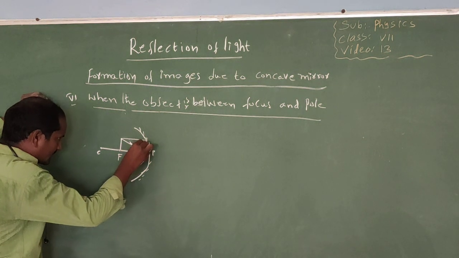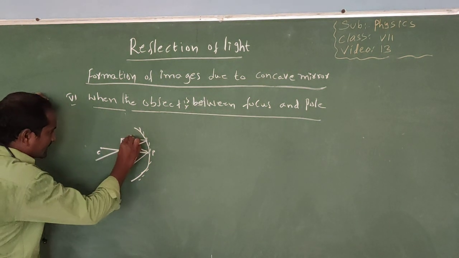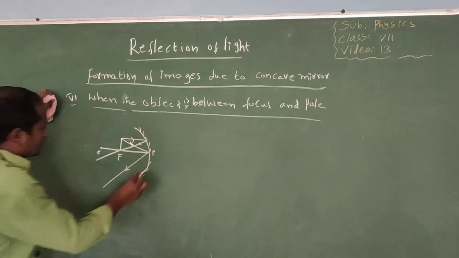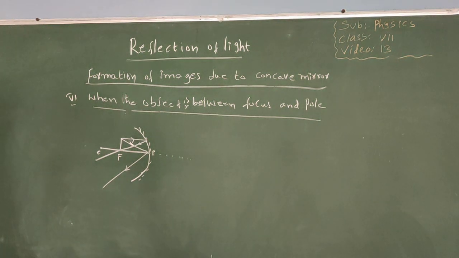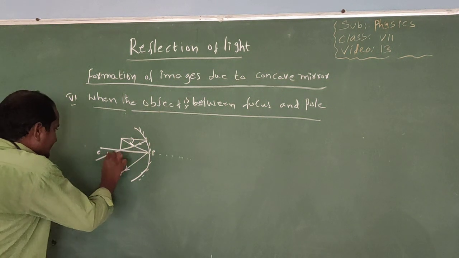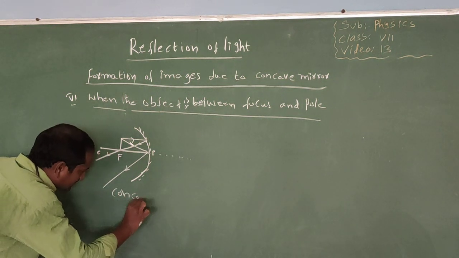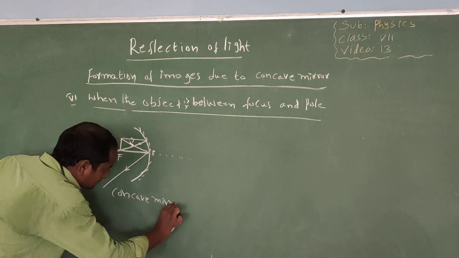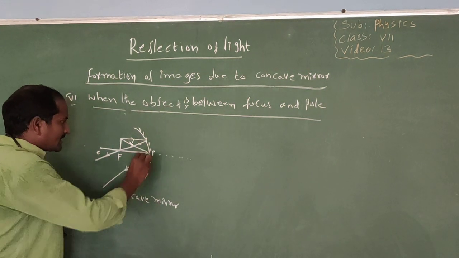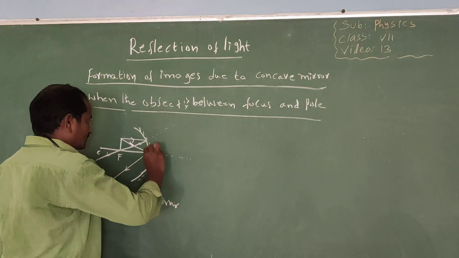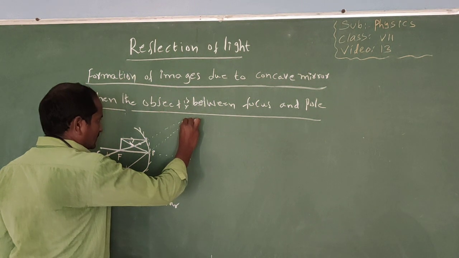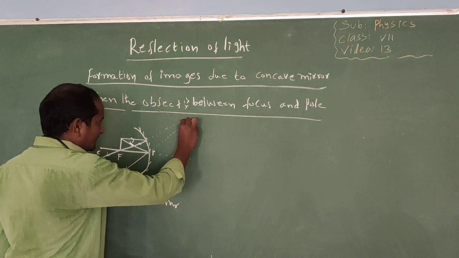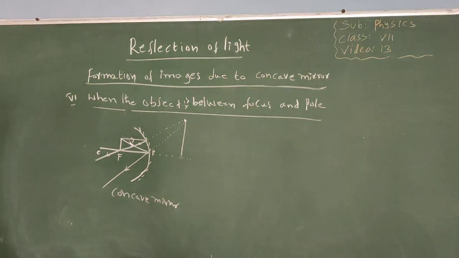This is also a reflected ray. Just an imaginary line. The image is formed behind the concave mirror.